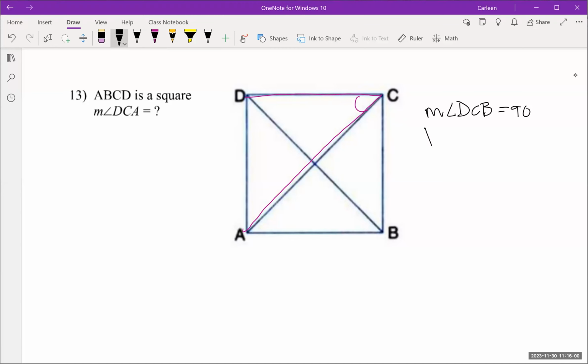We know that the diagonals bisect the angles. Because this is a square, okay, it's a parallelogram, it's a rhombus. The diagonals bisect the angles. So measure of angle DCA is 45 degrees.